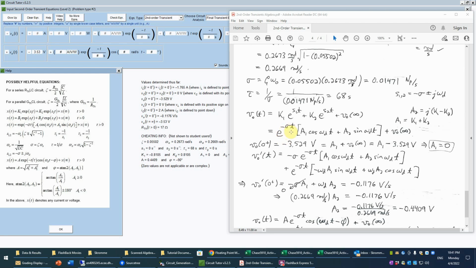So using the product rule, let's first differentiate this, and that brings down the negative sigma in front times e to the negative sigma t, and then we just copy this because that's not being differentiated now. And then the next term, we have this not being differentiated times the derivative of this, according to the product rule. And so the derivative of cosine omega dt will be negative omega d times sine omega dt, and then we still have the a1 coefficient.